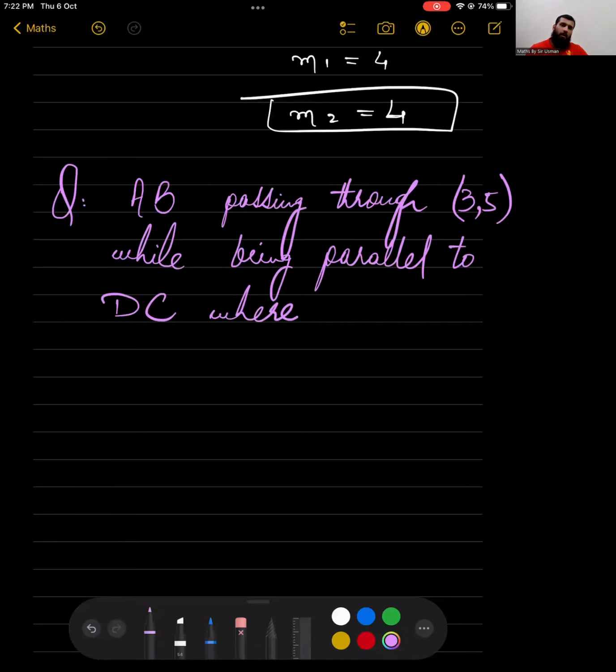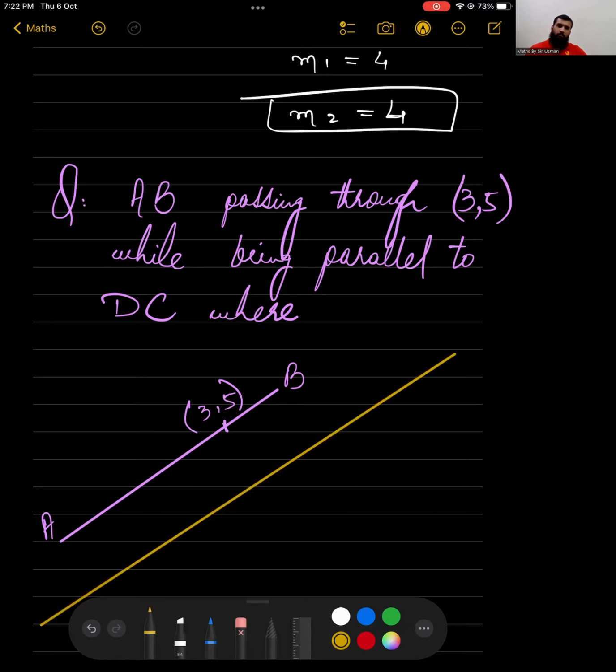Okay, so we have a line over here which is AB, and this line is passing through a point which is 3,5. Now they are saying that this line AB is parallel to the line DC.